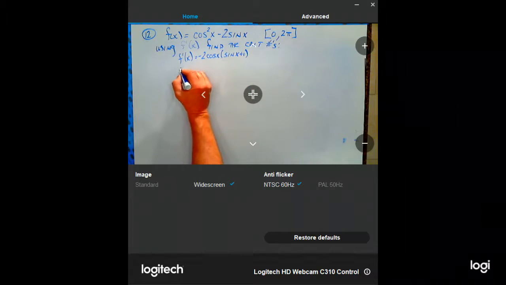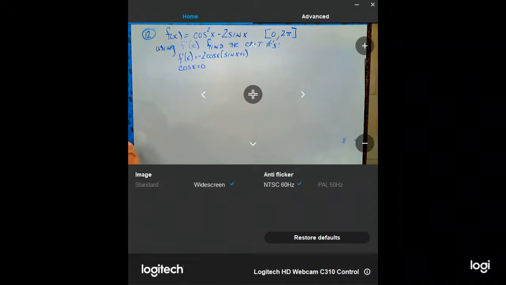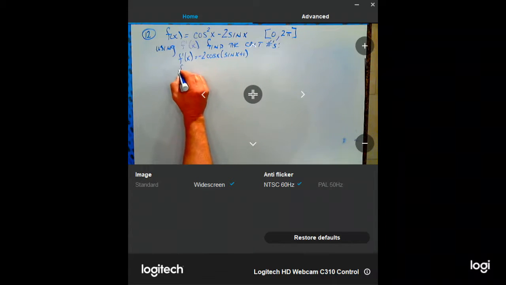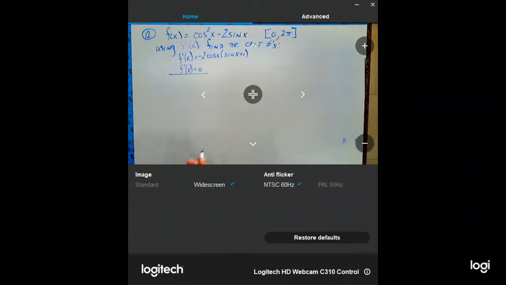So what do we have to do? We've got to determine where cosine x equals 0. Well, let me erase because I'd like to show you a format that I would suggest you use. When looking for critical numbers, I would suggest you start by writing, I'm going to determine where f prime of x equals 0. This is where we're going to do that work right here.